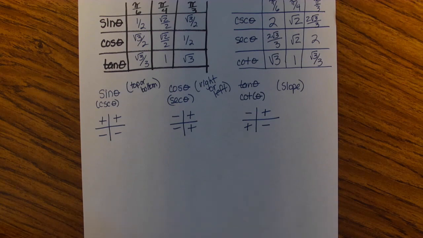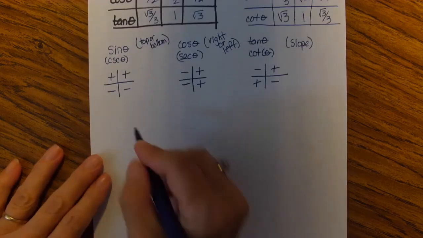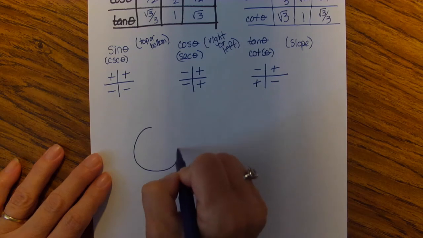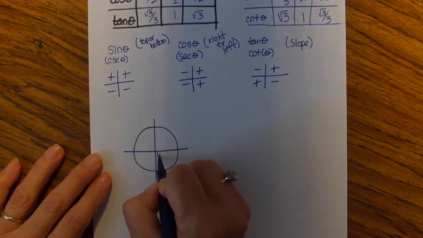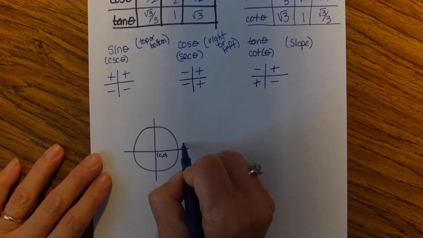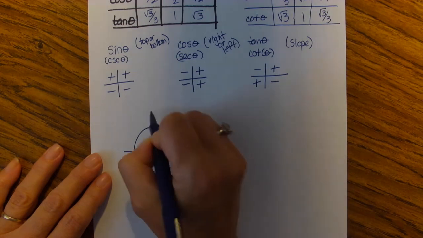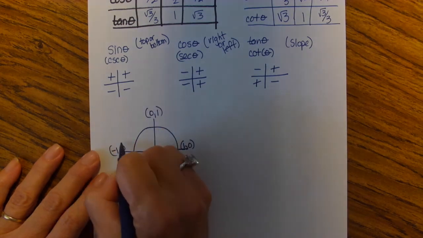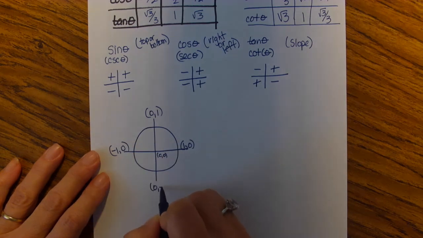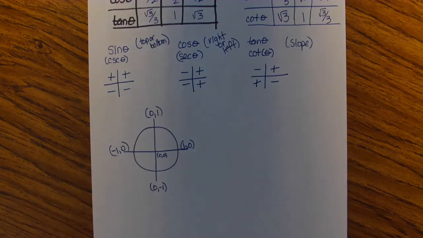The other thing I would write down so I could do my homework well would be my little ones and zeros. This is 0, 0. So this is 1, 0, 0, 1, negative 1, 0, 0, negative 1. It's nice to write that circle down.